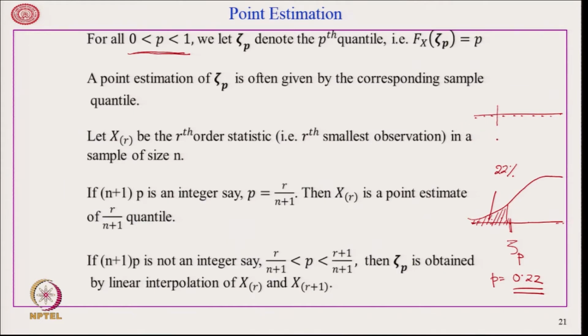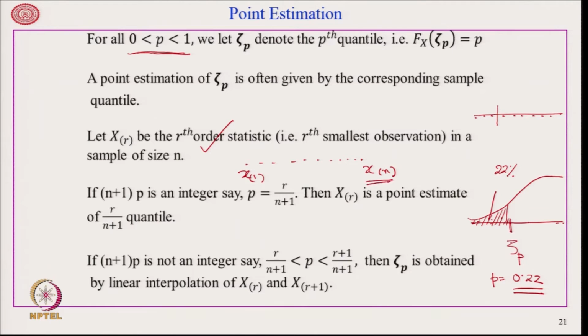In order to do that, what we shall have to use is the rth order statistic. I hope all of you know what an order statistic is, but basically, suppose we have a sample, then we order them in terms of magnitude. The smallest one is x 1 and the largest one is x n.